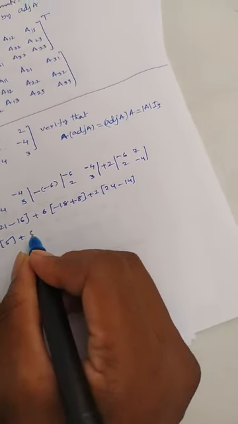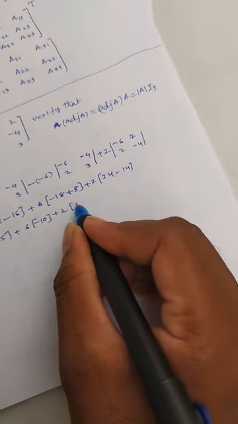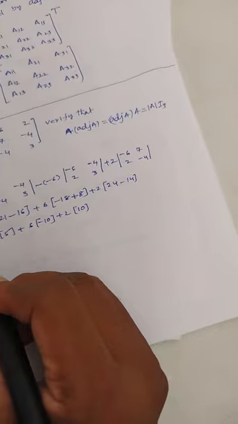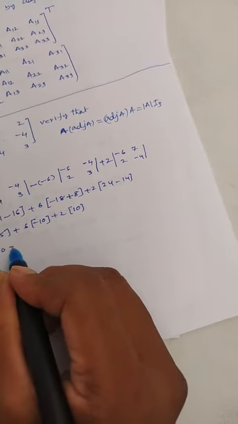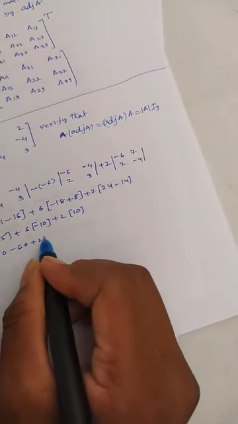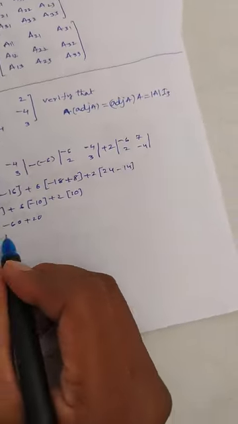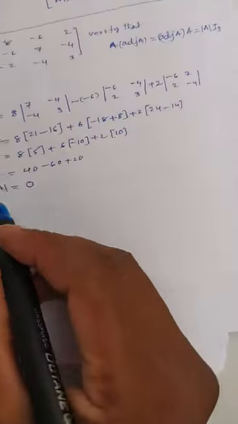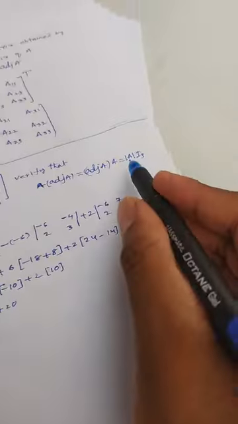Plus 6 into minus 10. Plus 2 into here 24 minus 14, 10. Okay, right, 8 5 is 40, minus 60 plus 20. So 40 plus 20 is 60 minus 60, so it will be 0. So determinant is 0. Okay, I found this determinant.